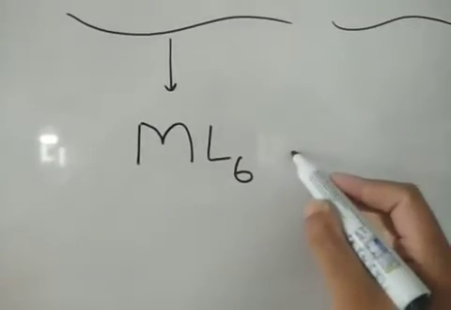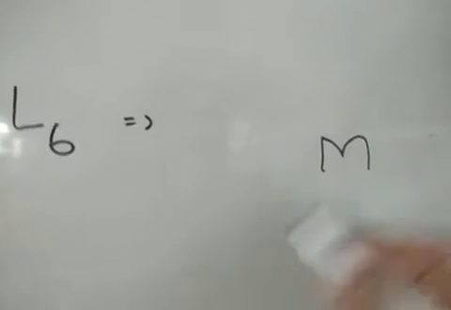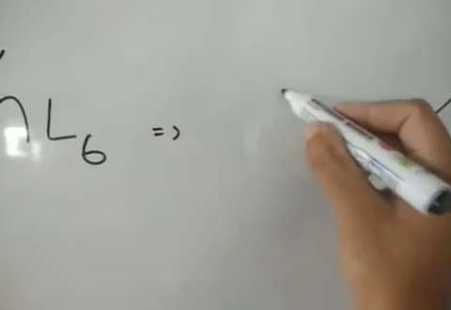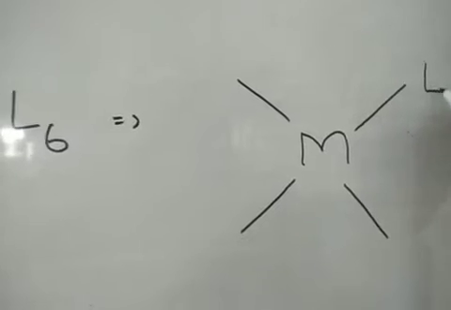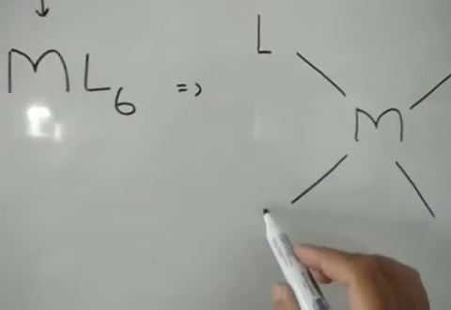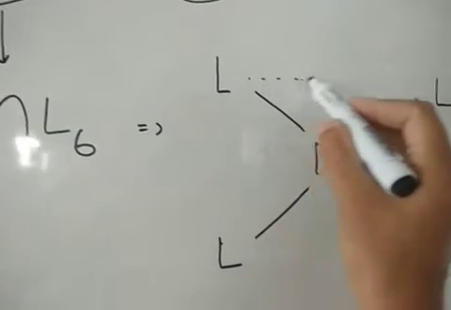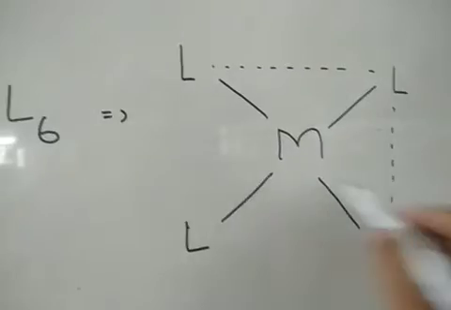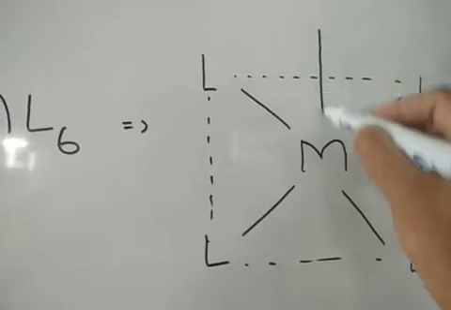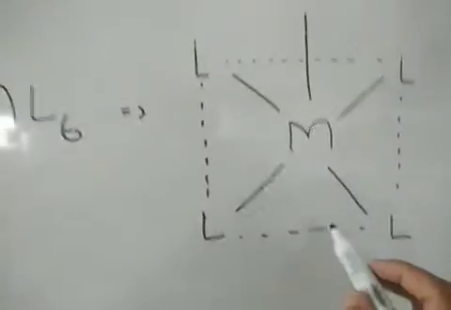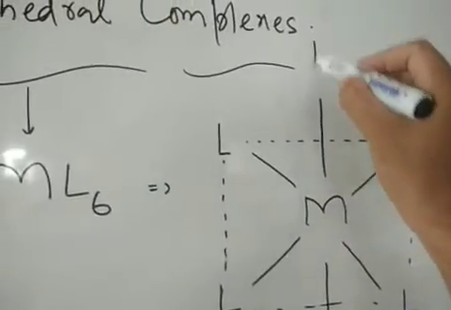An octahedral complex means a geometry where we have a metal at the center, 4 ligands oriented along the 4 corners of a square plane, and then one ligand above this square plane and one below. So that makes it an octahedral complex.